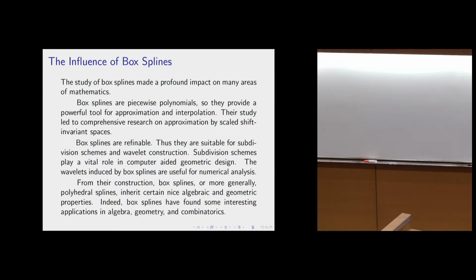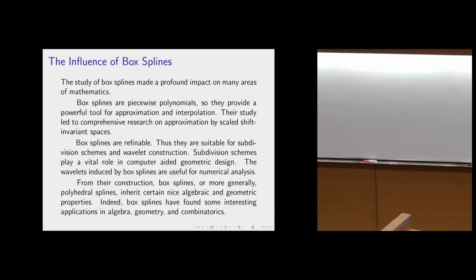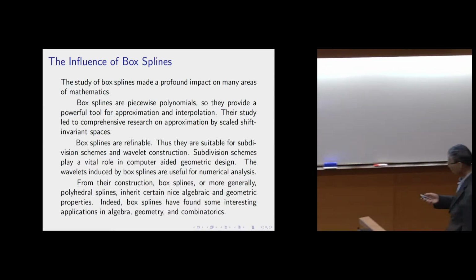But in history, we first had Fourier analysis. Then in the study of Fourier analysis, gradually some general principle was formulated. Here again, for shift invariant space, we study box splines, then we study more general shift invariant space.